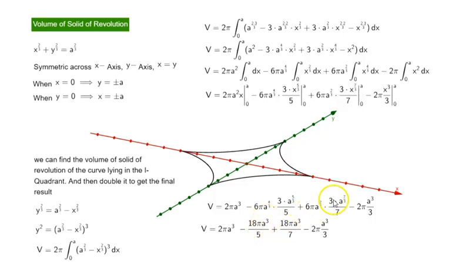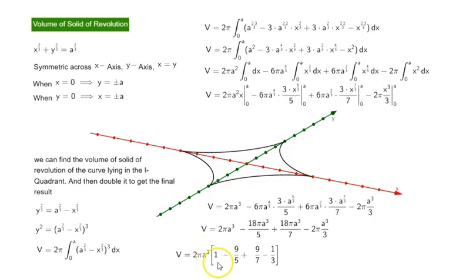Plus 6 times 3 is 18 pi. Again, a^(2/3) times a^(7/3) is a^(2/3 + 7/3), which is 9/3. So again, a cube, minus 2 pi a cube by 3. Again, let's simplify this. 2 pi a cube, they are common to all the terms. So let's take it out.